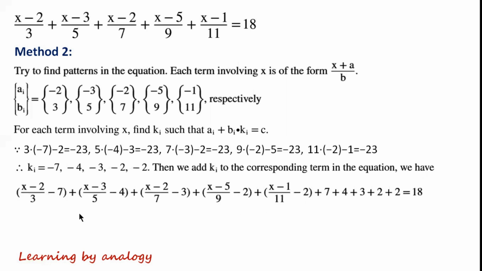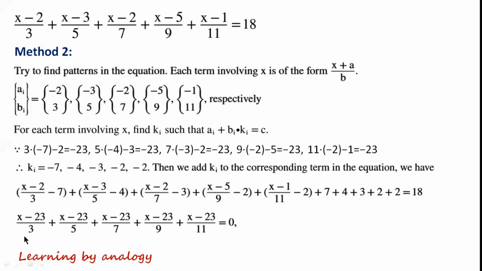We have (x - 2)/3 - 7 plus (x - 3)/5 - 4 plus (x - 2)/7 - 3 plus (x - 5)/9 - 2 plus (x - 1)/11 - 2 plus 7 plus 4 plus 3 plus 2 plus 2 equals 18.